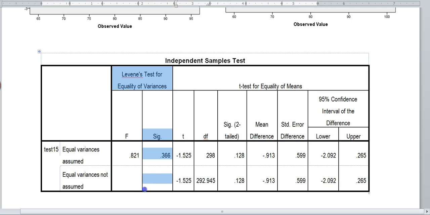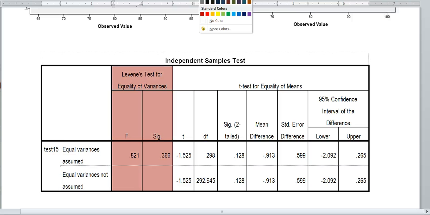First, in this section here, you have the Levene's test. And this is the test for homogeneity of variance. And it even tells you that it's the test for homogeneity of variance. Right here it says Levene's test for equality of variances. That is one of the assumptions of the independent T, that the variances of the 2 groups are equal.